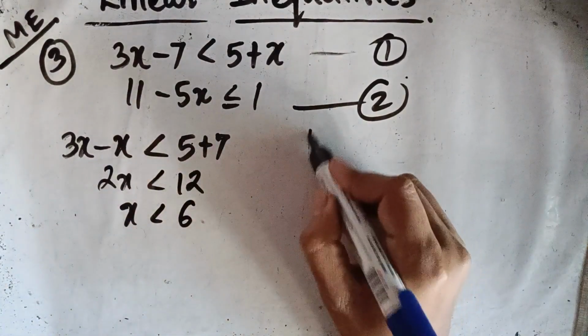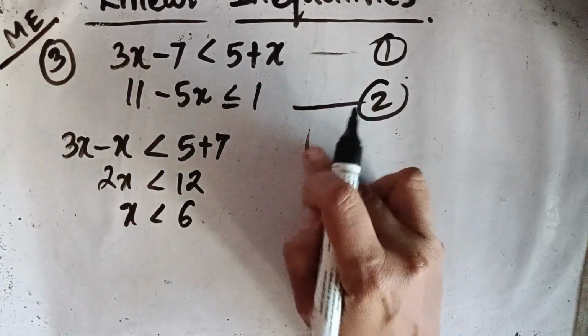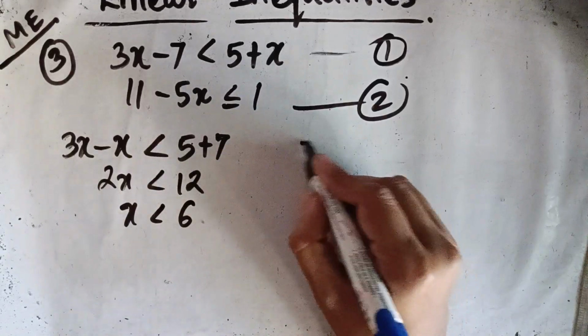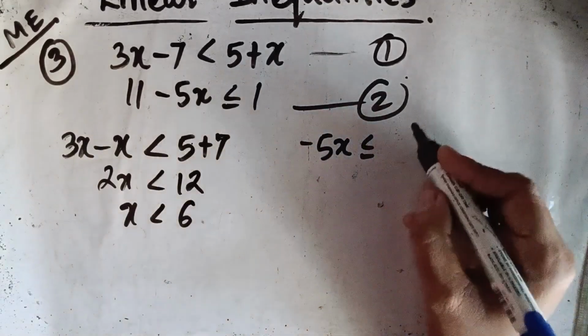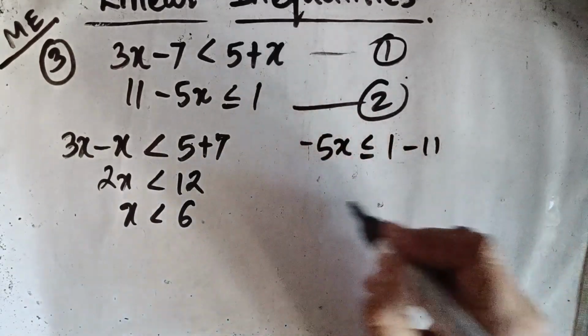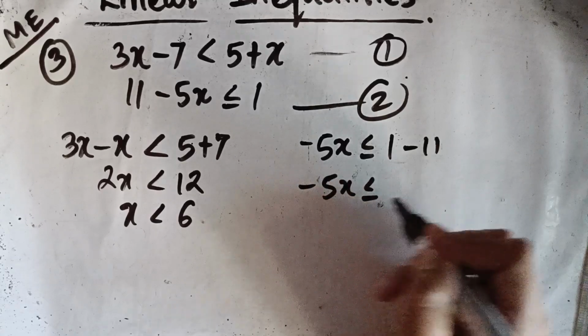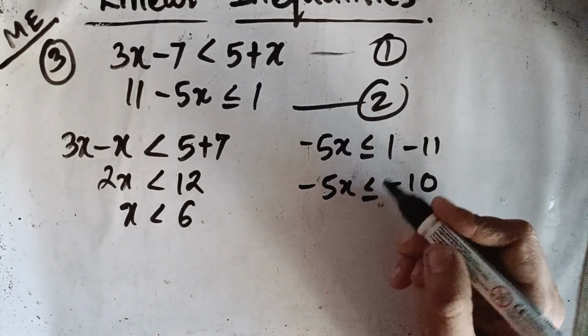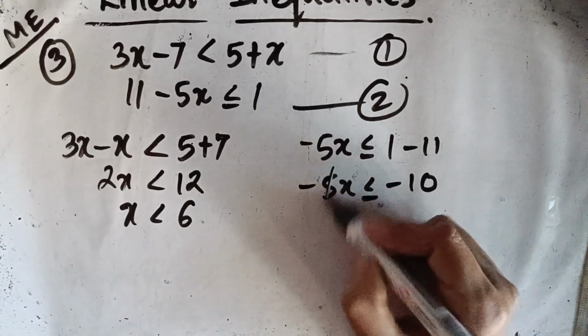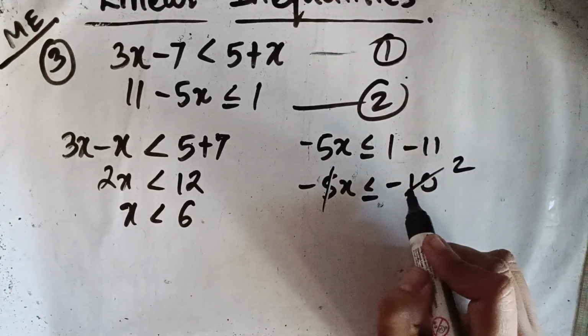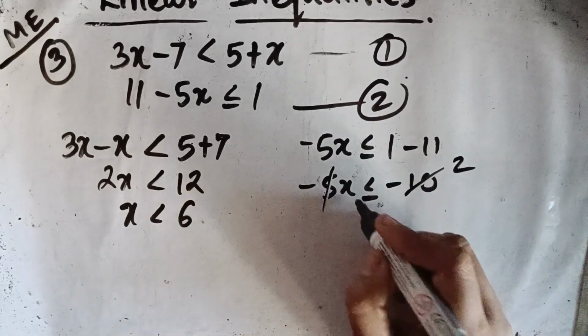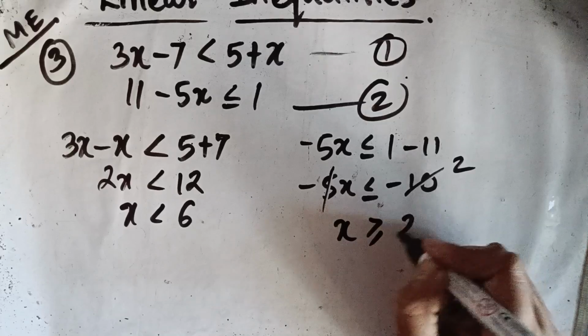Okay, for this it is -5x ≤ 1 - 11. So this is -10. 5 twos are 10, again changing the sign, so inequality changes to x ≥ 2.